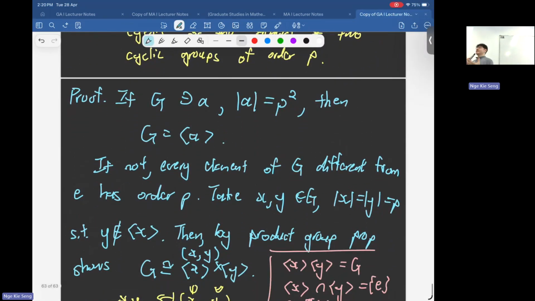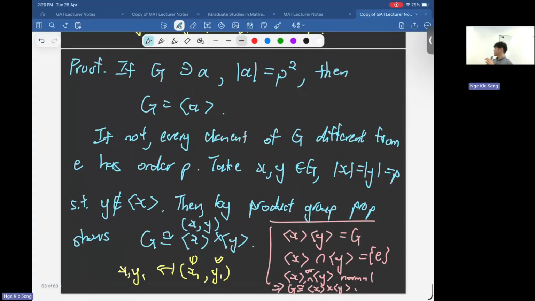It doesn't tell you that every element has to have order P square. In particular, here we already assume that there's no element of order P square. So you cannot get an element of order P square from this product. If you had one, then your group would be a cyclic group already.